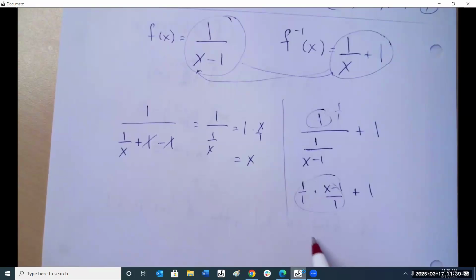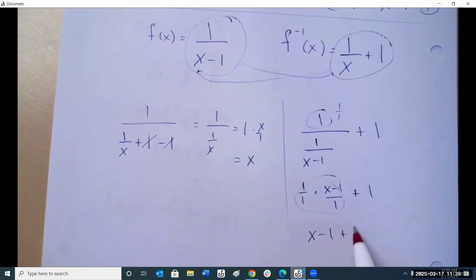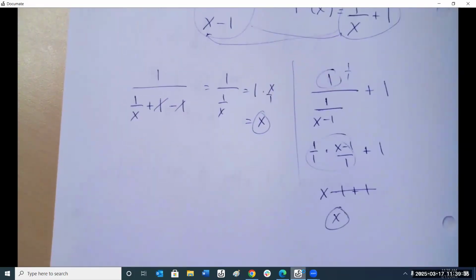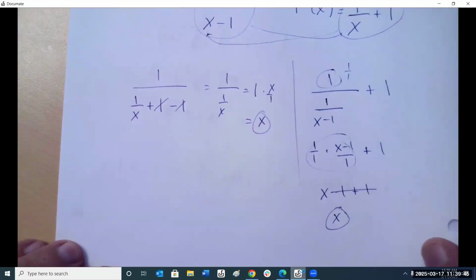So this becomes x minus 1 plus 1. It just looks ugly. Pretty straightforward. Let's build up the suspense and make it more difficult. Here's the function.